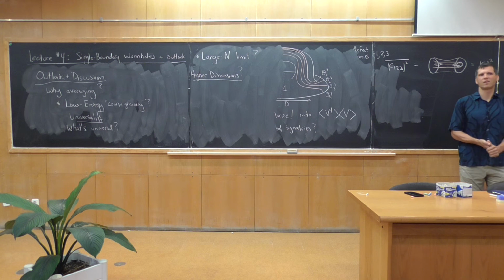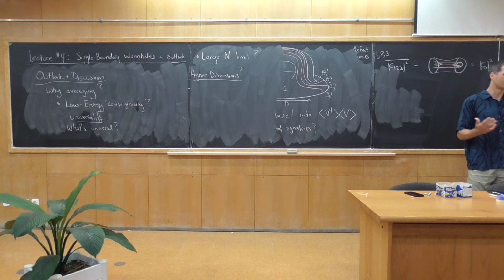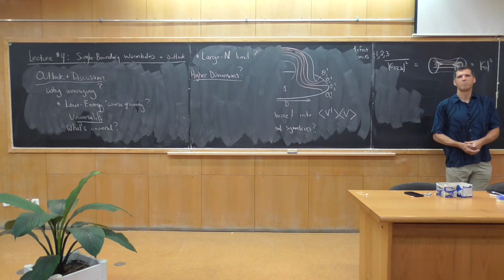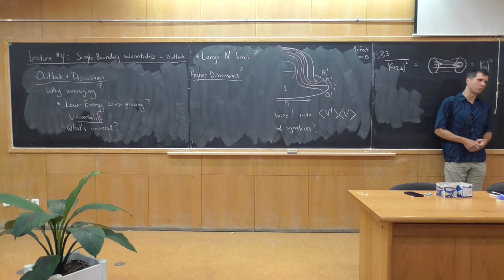I don't think there's really a hope for doing that in complete generality. We're not going to be able to solve that in closed form. But what we can do is look for simplifications and situations where that can be done in various limits.